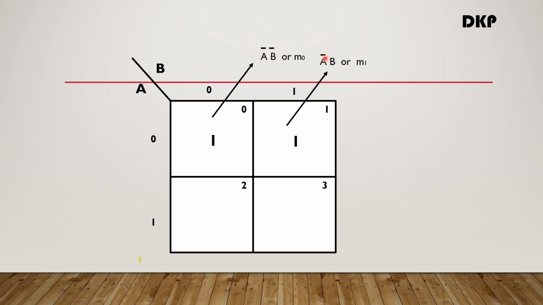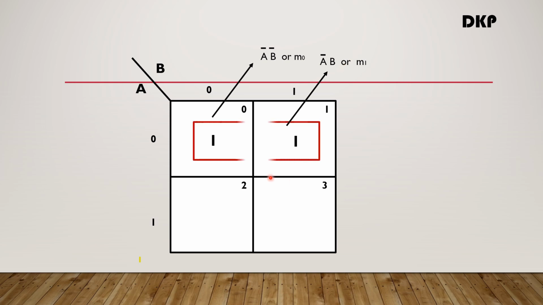It is A bar in both these terms, and the second variable changes. The second variable is B bar in this term, and here it is B. Therefore, B bar changes to B. So whichever variable is changing, that variable should be eliminated when we reduce the SOP expression.